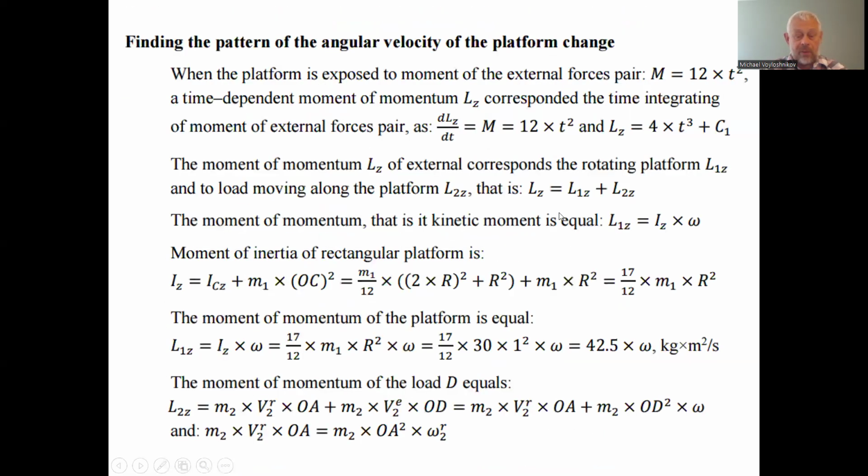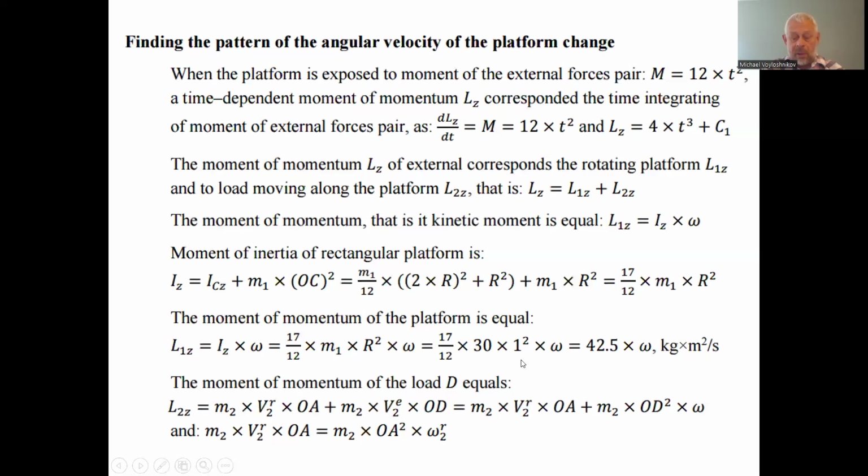So let's return back and use this distance r. After all the transformations, we find that the moment of inertia of the rectangular platform is 17/12 multiplied by the mass of the platform multiplied by the squared size r. Size r, let's remind, is the width of the platform and also half of its length. And with this moment of inertia of the platform, the momentum of the rotating platform is equal to the product of this moment of inertia by the angular velocity.